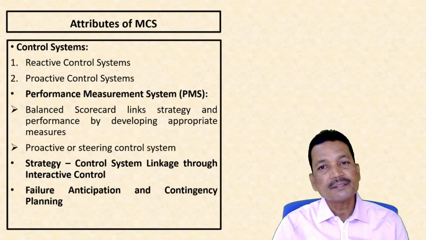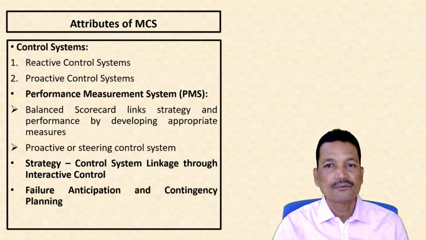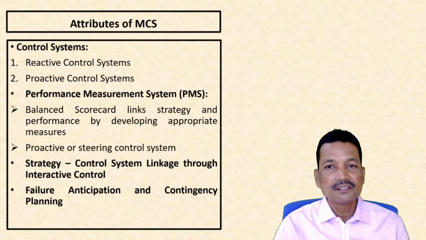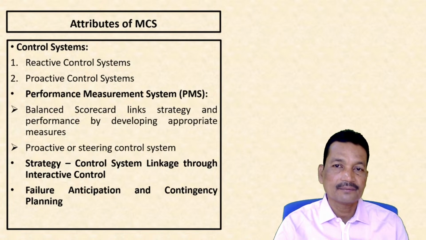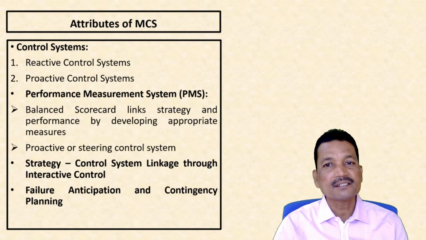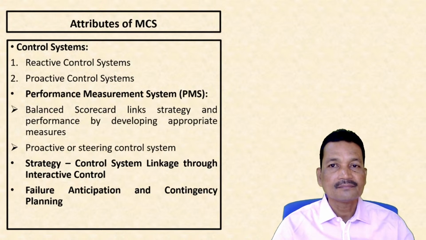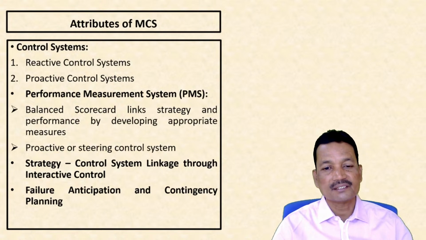So, using various kinds of techniques and tools, we can find out whether we are moving towards a failure. So we have to anticipate that. We have to know in advance whether the tasks or the activities are going to give us the worst results.